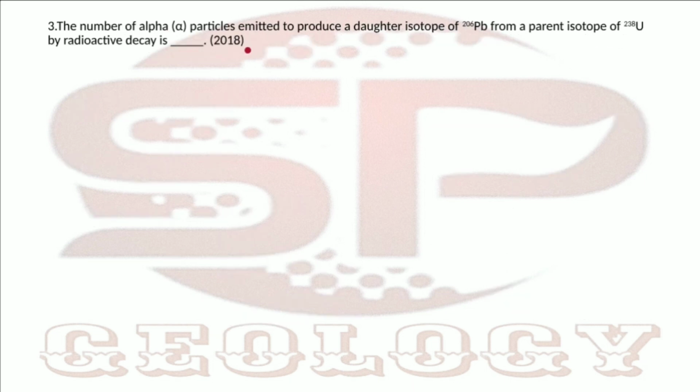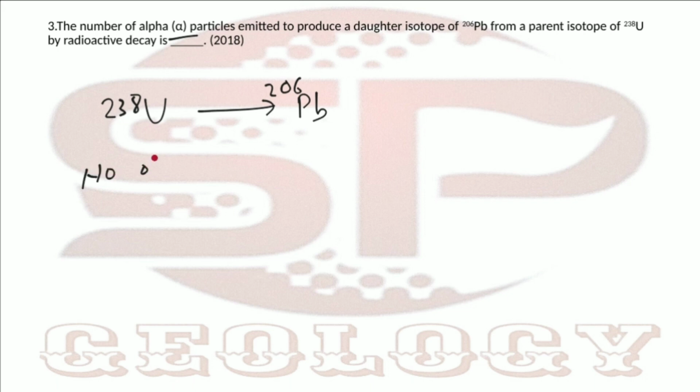This was another question of 2018. The number of alpha particles emitted to produce the daughter element Pb-206 from a parent isotope of uranium-238. So when uranium-238 decays to Pb-206, the number of alpha particles can be calculated from the difference in mass number.